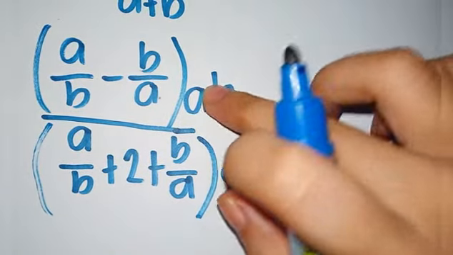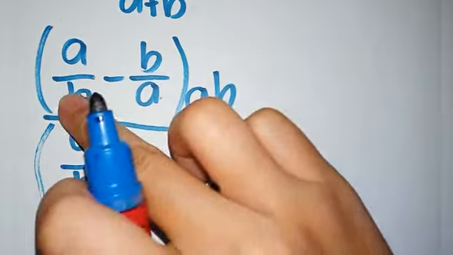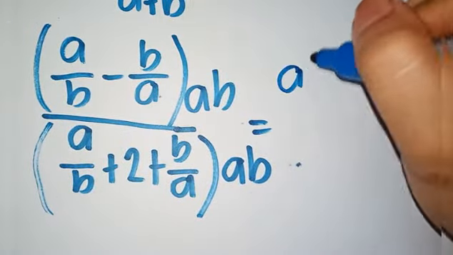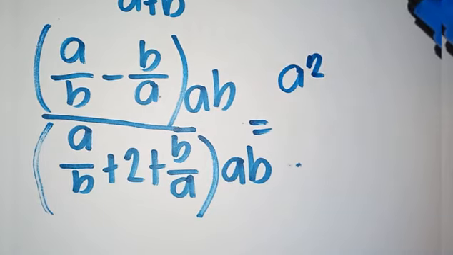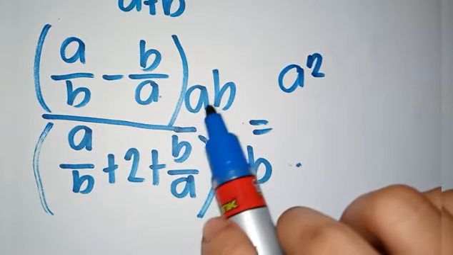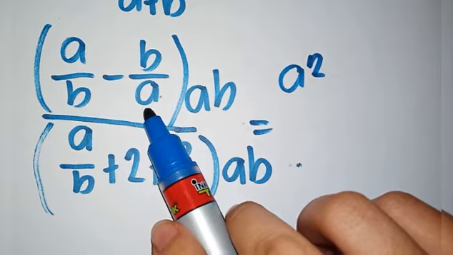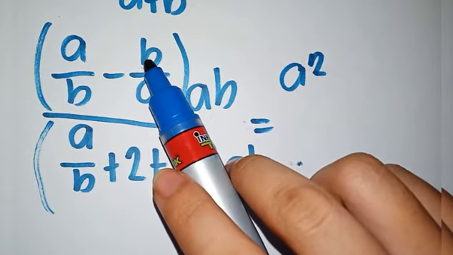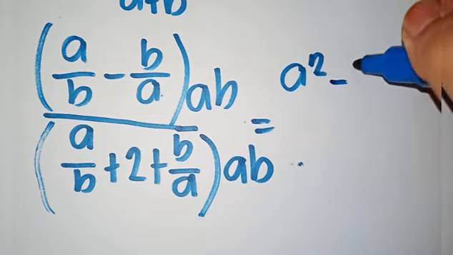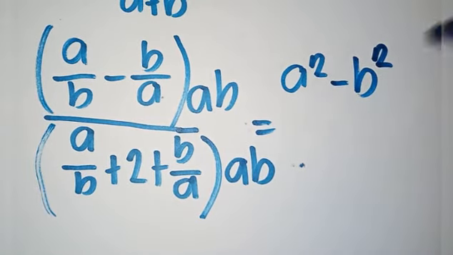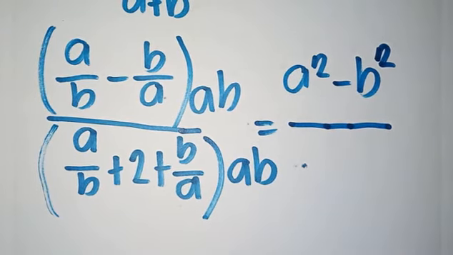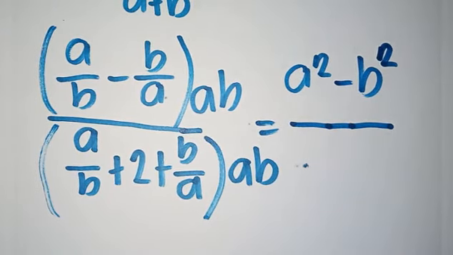So, ito ay magiging AB divided by B will give us A, then A times A will give us A squared. The next, we have AB divided by A will give us B, then B times B will give us B squared. So, minus B squared. The next, dun naman tayo sa ating denominator.